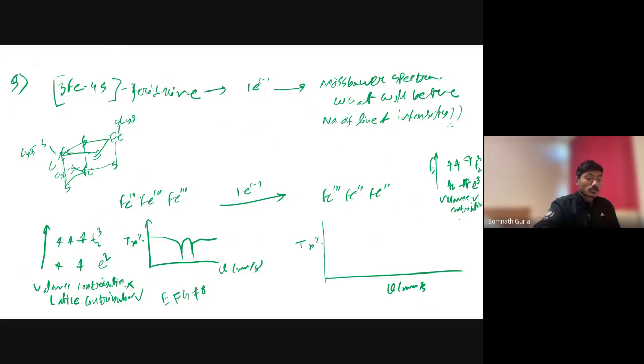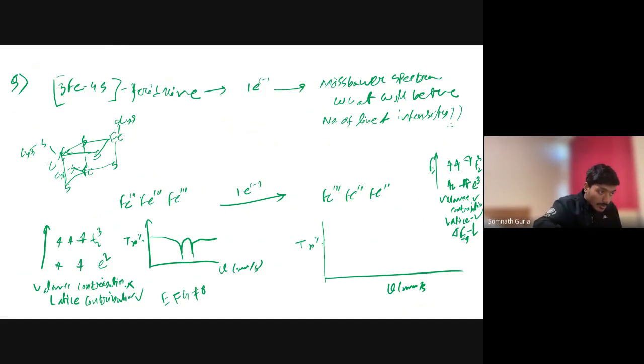Okay, so if there is a valence contribution and also a lattice contribution, there will be a delta EQ value. The delta EQ value will be large, larger than for iron 3.